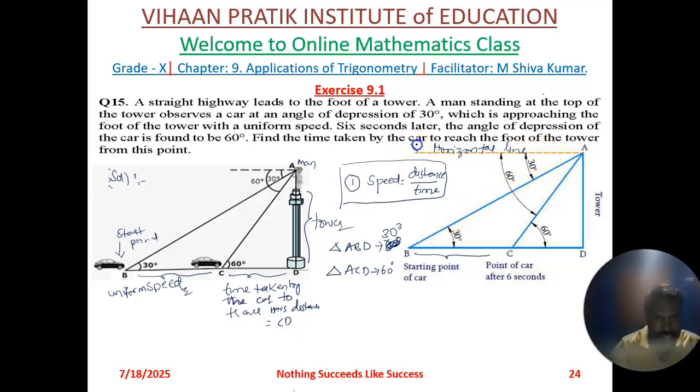If we assume this as X, then angle XAB is equal to angle ABD, interior alternate angles.